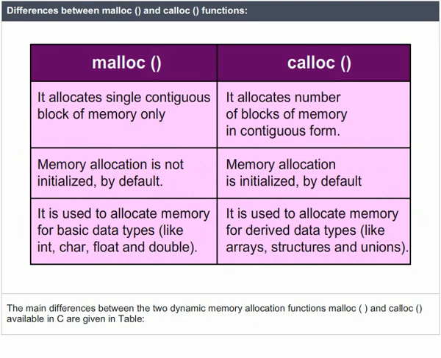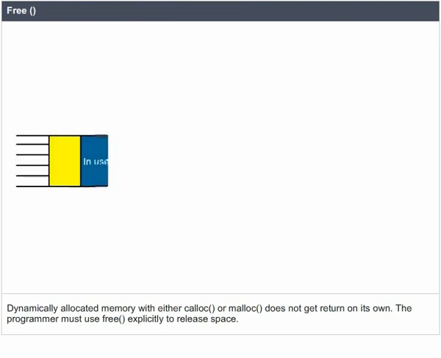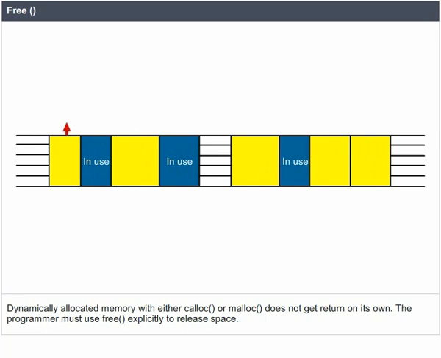free(). Dynamically allocated memory with either calloc or malloc does not get returned on its own. The programmer must use free() especially to release space.